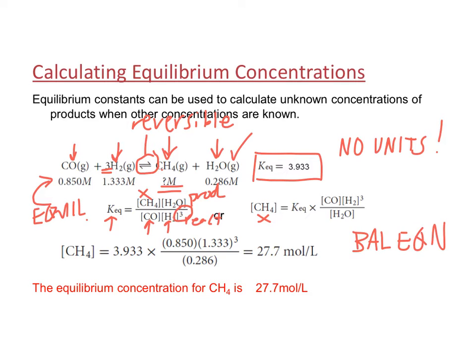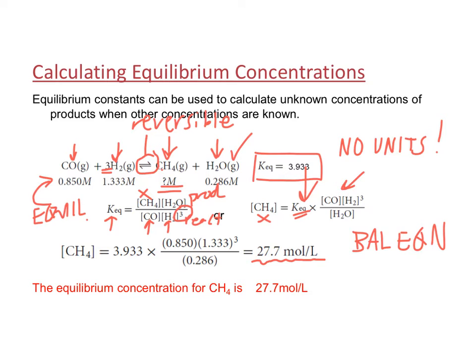We substitute all the values in that we're given. We're given the equilibrium constant, and we're given the values for carbon monoxide, hydrogen, and water. We simply solve the math, and our answer then is 27.7 molar.